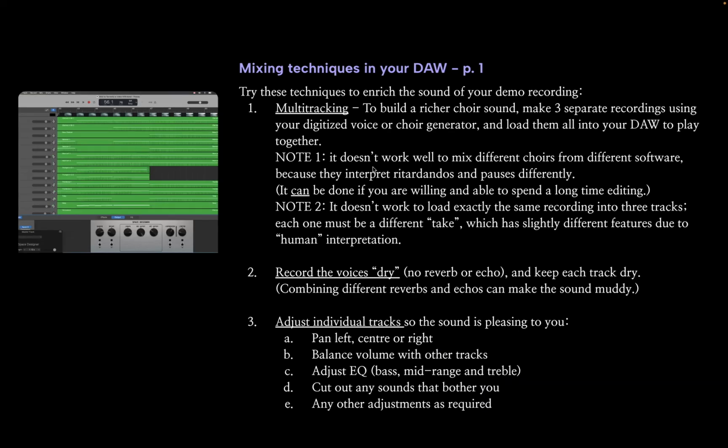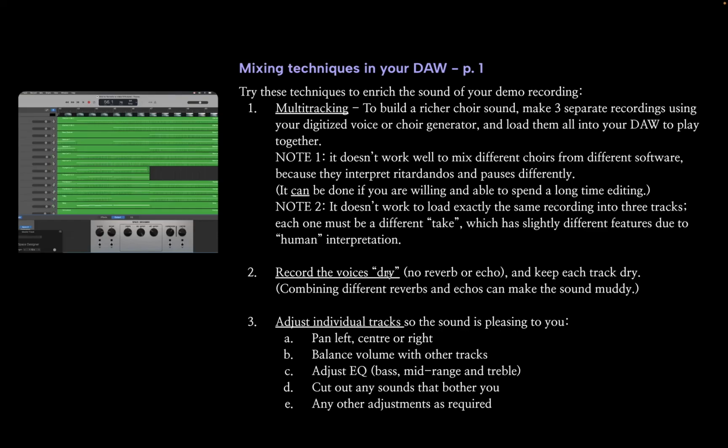And then it's a real mess to put it back together again. So if you're going to use Cantai for the whole thing, or Cantamus or whatever. It also doesn't work to record something once and put it 3 times into your DAW, because there's nothing different about it. So it won't add any thickness, any richness to it.